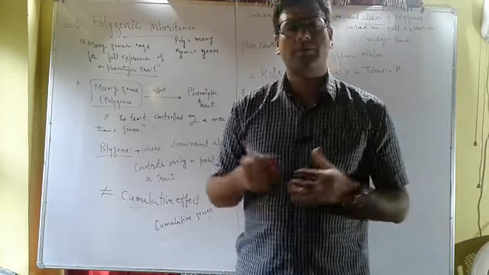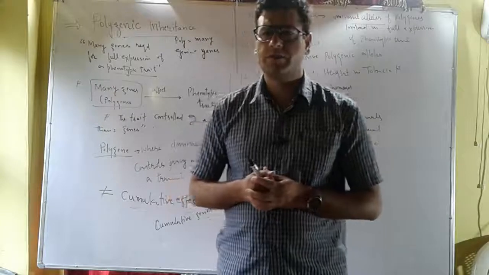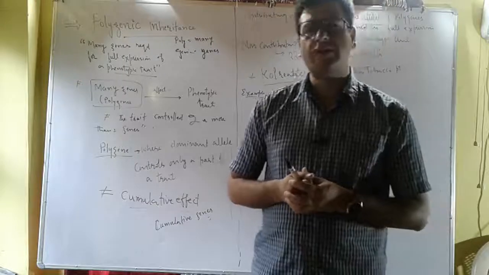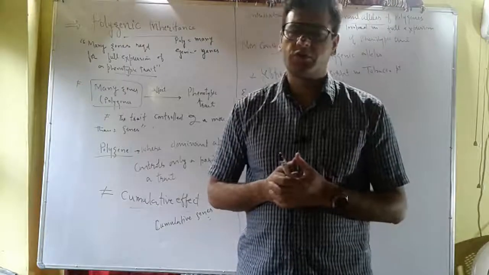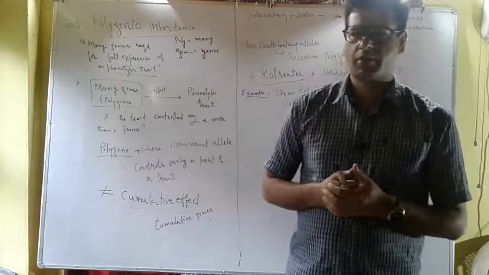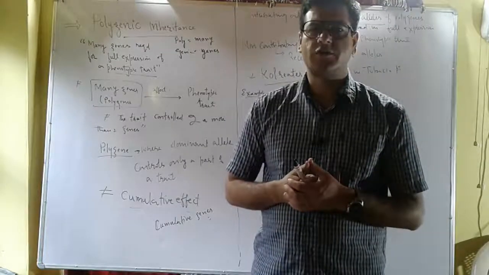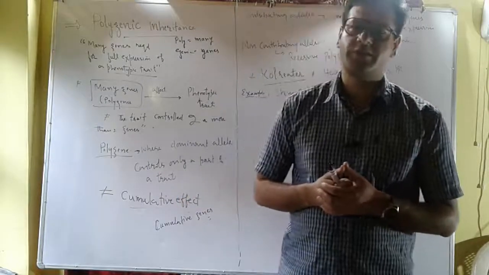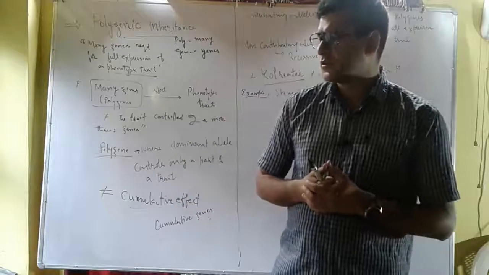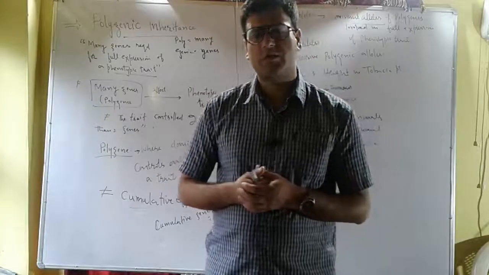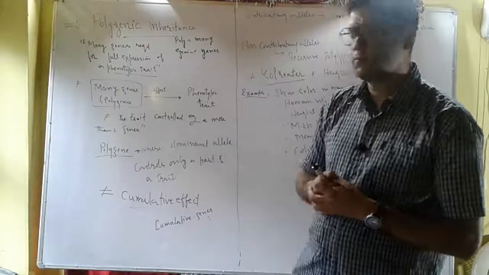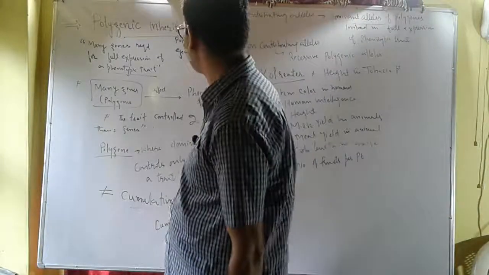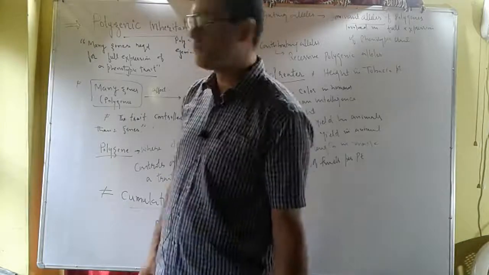We have two types of alleles in polygenic inheritance: contributing alleles and non-contributing alleles. For example, we have gene A. Its dominant allele contributes to the expression, that is called a contributing allele, while the recessive allele does not contribute to the expression of the phenotypic trait, that is called a non-contributing allele. And we have also studied examples of polygenic traits. Then we'll discuss an example of polygenic inheritance in the case of chicken.